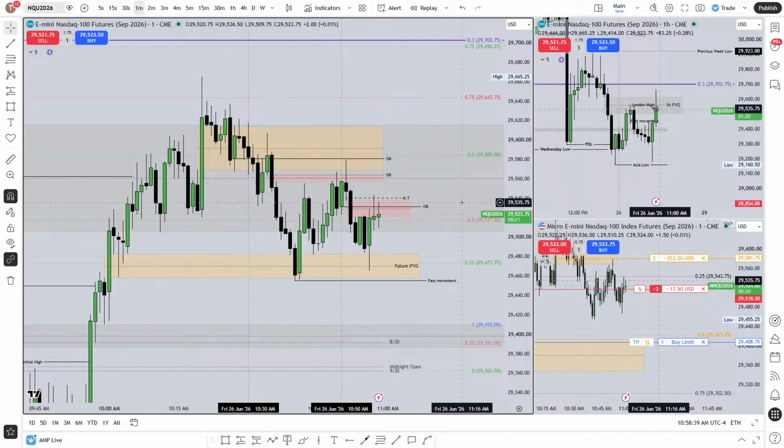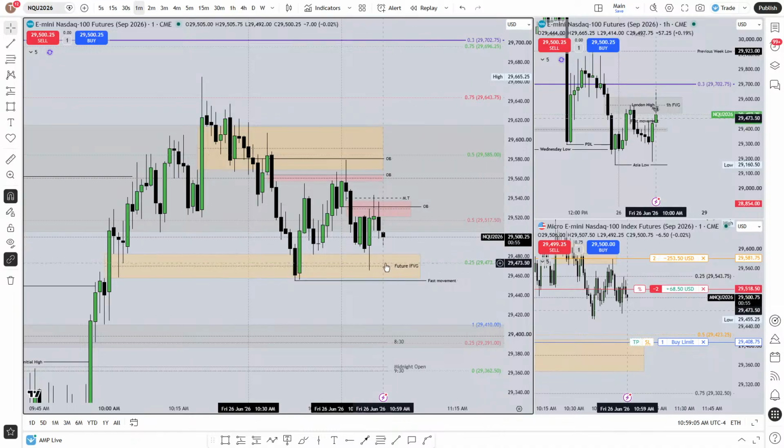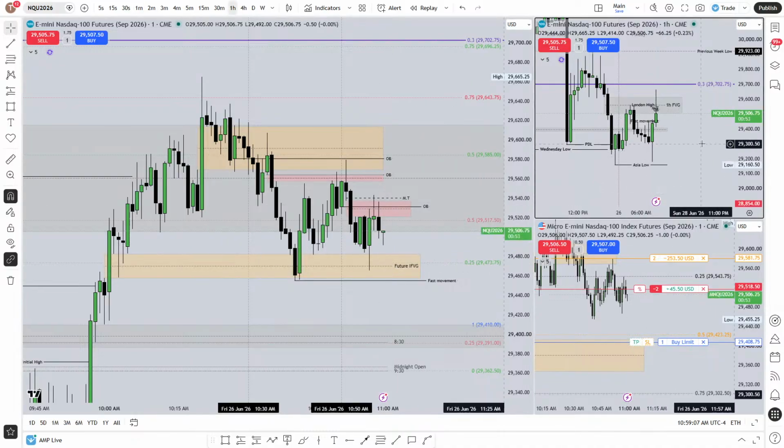Just watching this midpoint, these two midpoints here of the SIBI and the mean threshold. 10:59, we got 11 a.m. coming up here.